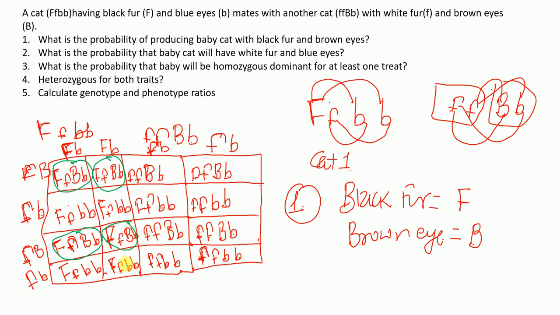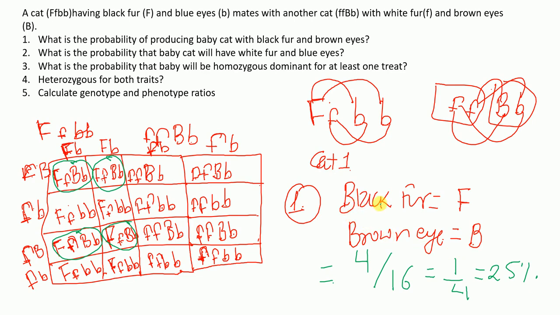So out of the total 16 cases, in 4 cases we have one capital F and one capital B, which is 1/4, that is 25%. So the probability of producing a baby cat with black fur and brown eyes is 25%. This is the solution to question number 1.